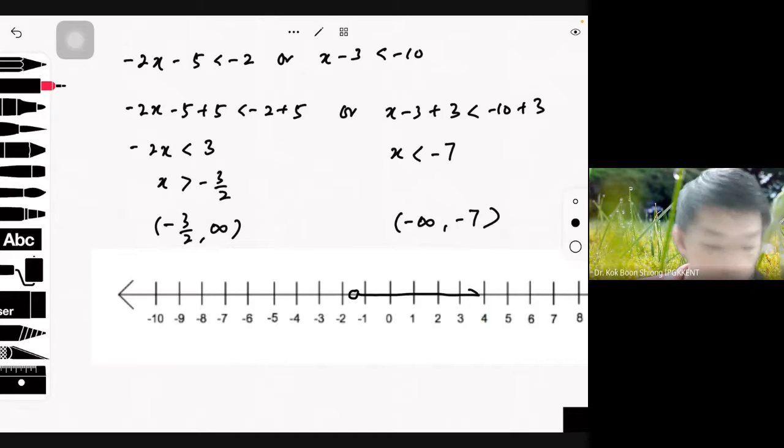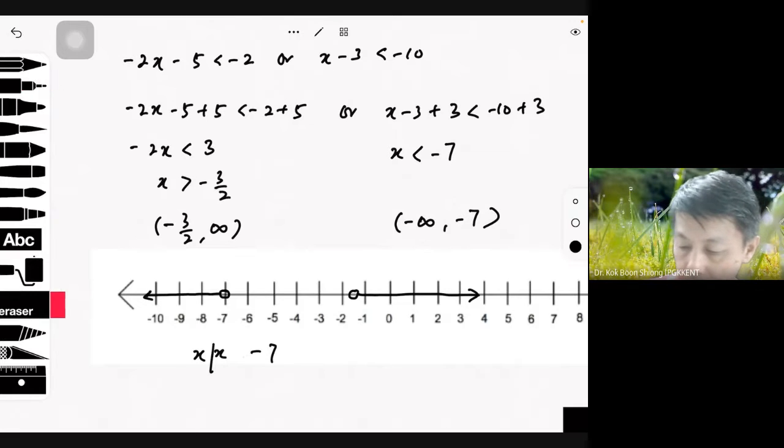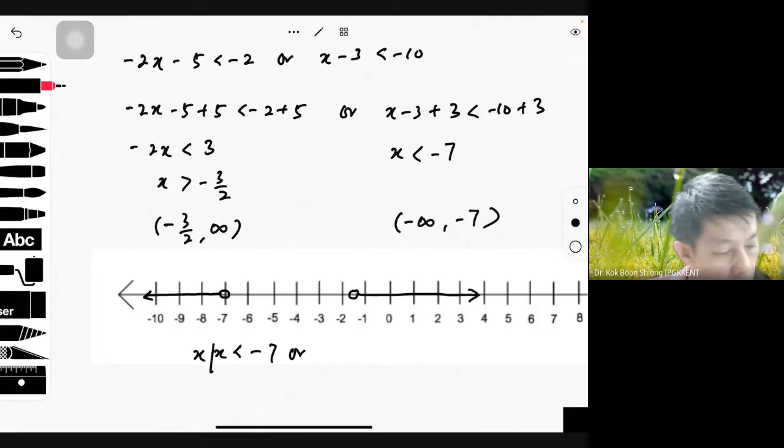Smaller. So, or we can write in this form.